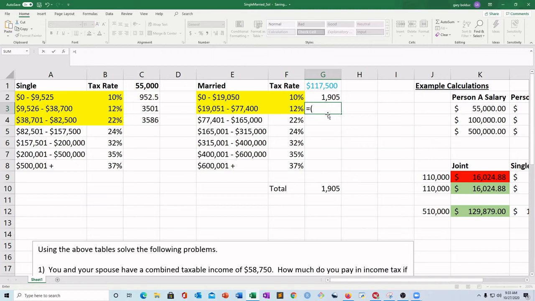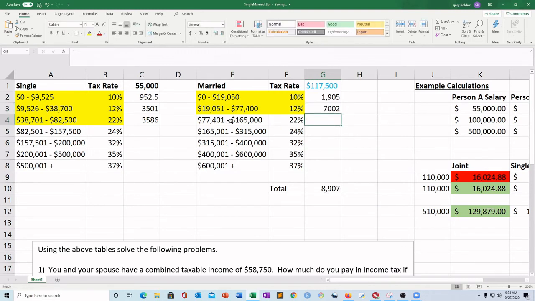Well, we go all the way up to $77,400, and then, oops, we've already paid $19,050, so take that away because I don't want to pay taxes on it twice. Then multiply that by 0.12. We fill up this box, so that's why this number is here, but you've already paid taxes on your first $19,000, so you can take that away. That's the subtraction.